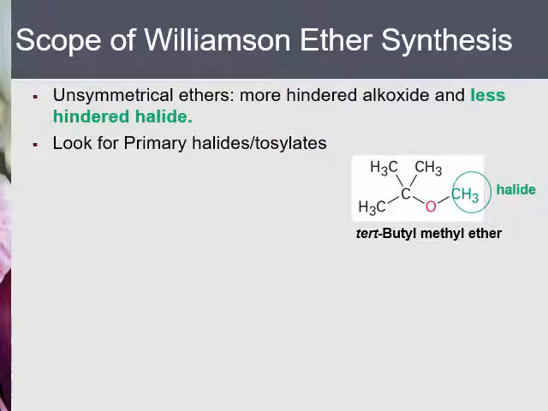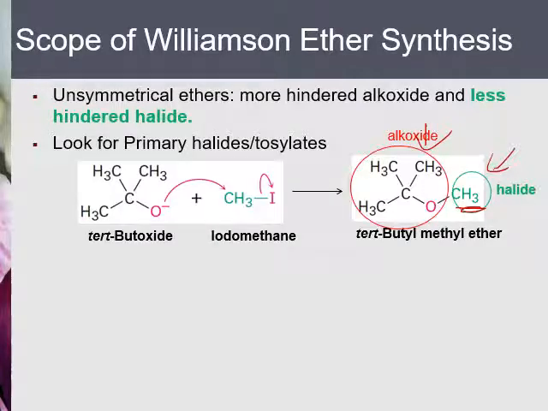Since the Williamson ether synthesis is an SN2 reaction, the alkyl halide can't be crowded or sterically hindered. Suppose we want to make tert-butyl methyl ether. Then the smaller side, the methyl group, must come from the alkyl halide, and the larger side can be tert-butoxide.